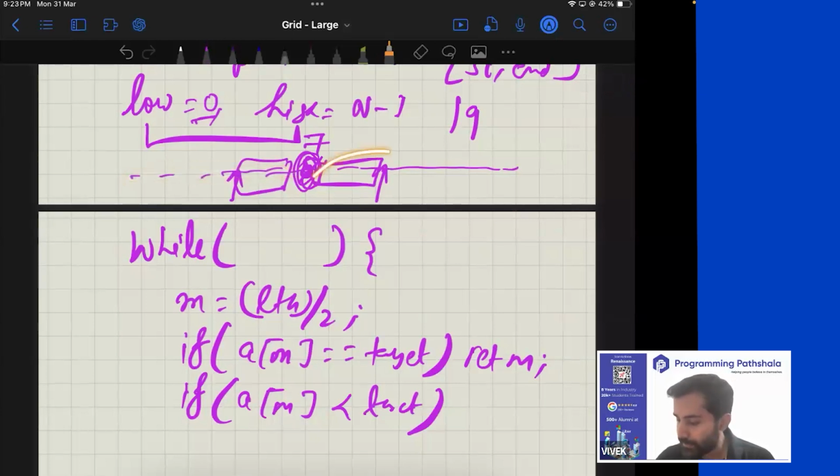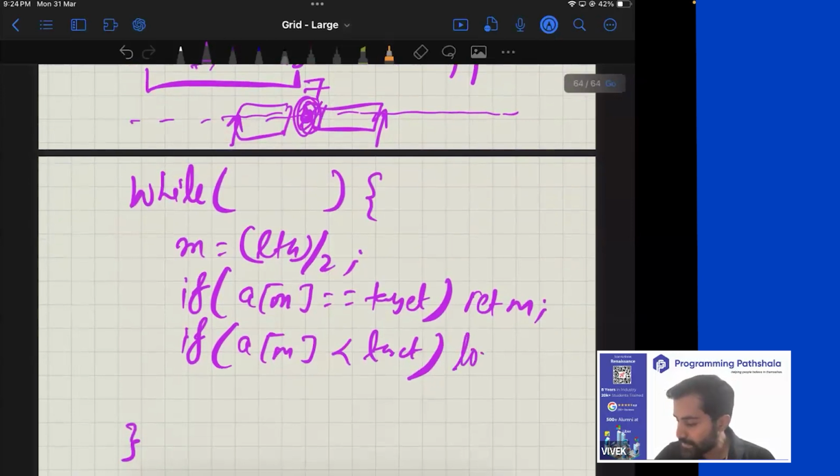So I should focus in the right part. If you want to focus in the right part, what should you change? Should you change your low or high? You must change your low. You should bring it just towards the right side of your current mid. So in this case, what you will do is you will just say, hey, let us change our low to mid plus 1. And what to do in the else case?